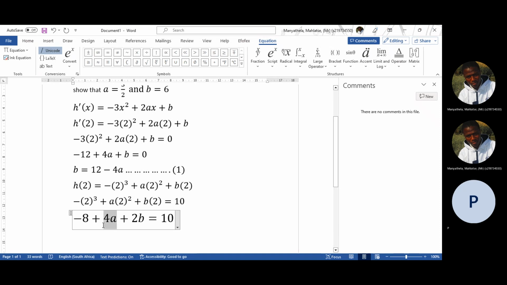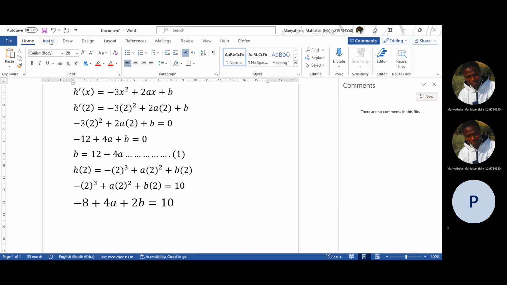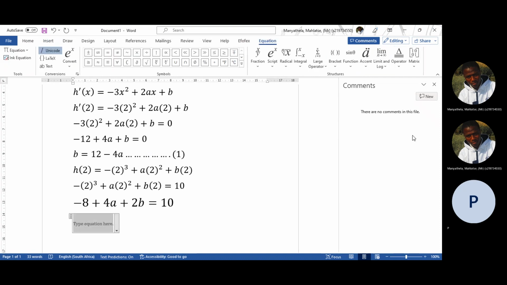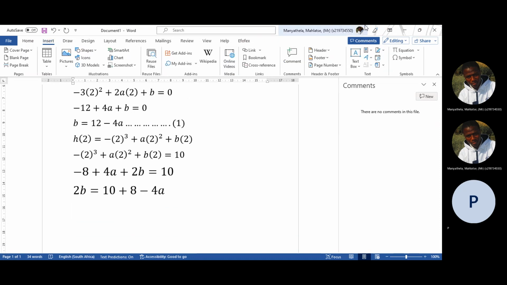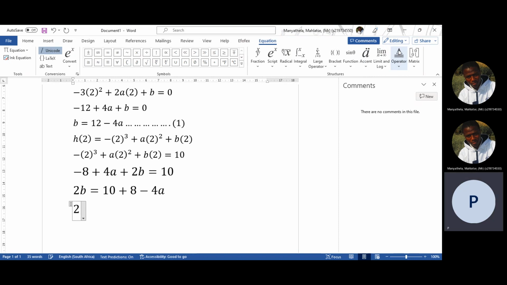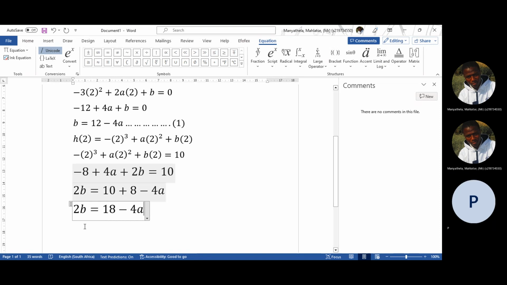Let's make b the subject. I will take 8 plus 4a to the right hand side so that I can remain with b. So 2b will be equal to 10 minus 8 minus 4a. Let's add the like terms: we're having 2 minus 4a.